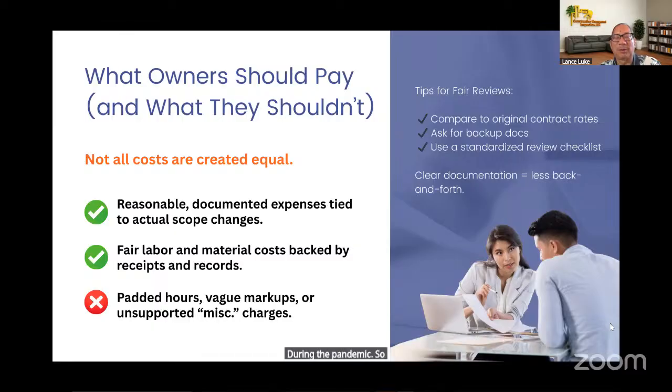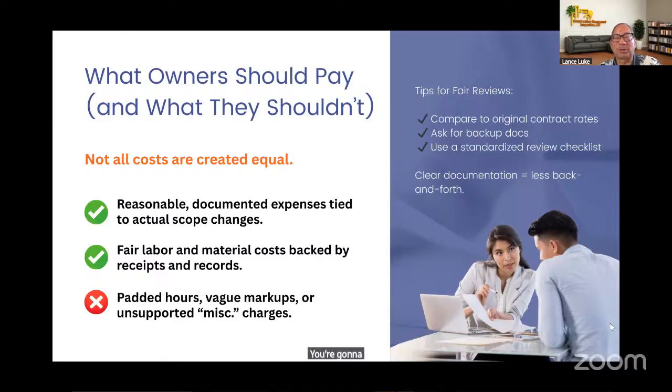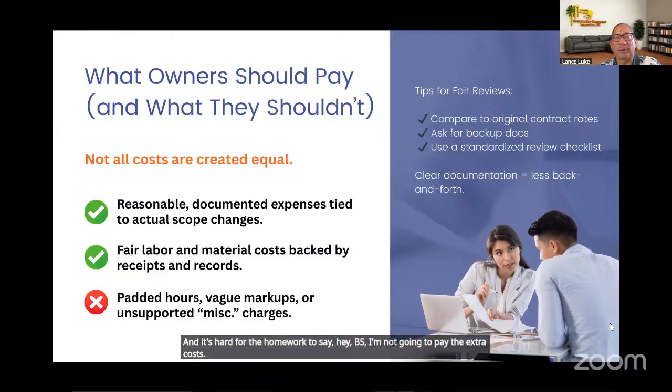So in a change order, the contractor says, you know what? There was an increase in the painting costs, so I cannot absorb the increase. It was 15%. So now, homeowner, you're going to be charged with a 15% increase on the cost of painting. And it's hard for the homeowner to say, hey, BS, I'm not going to pay the extra costs. You already agreed to it in the contract.